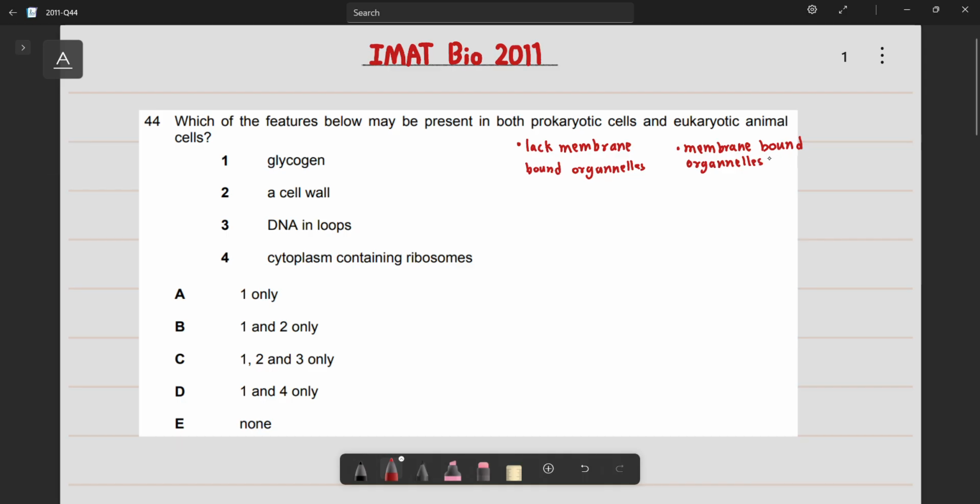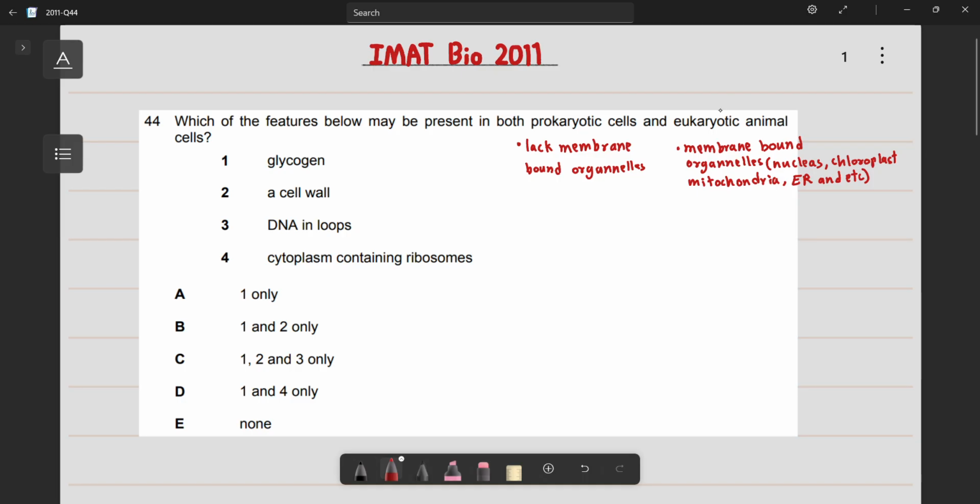For example, in the eukaryote, there's a nucleus, there's a chloroplast, there can be mitochondria, and there's ER and so on. These are the membrane-bound organelles. I mentioned chloroplast here because I'm generally explaining eukaryotes, and it's not just animal cells. Eukaryotic can also be a plant cell, a fungus, or yeast as well.